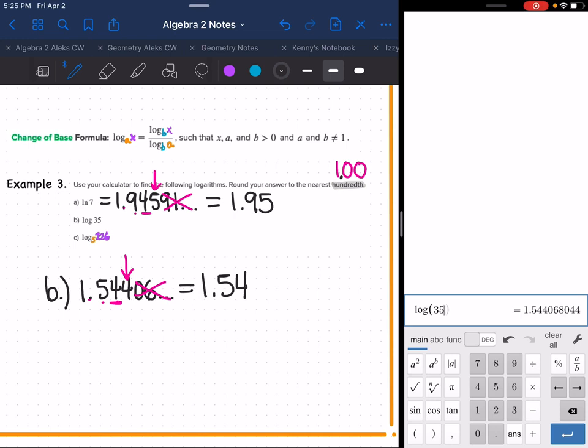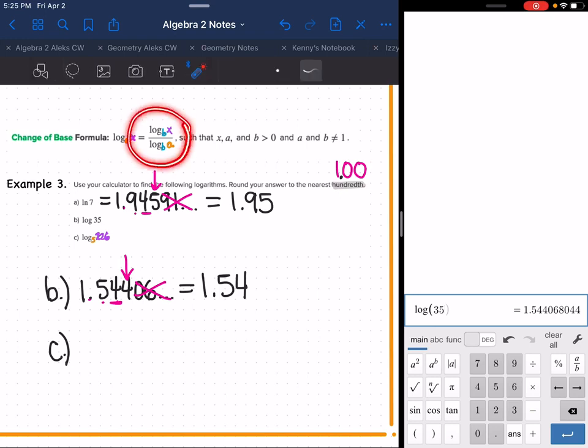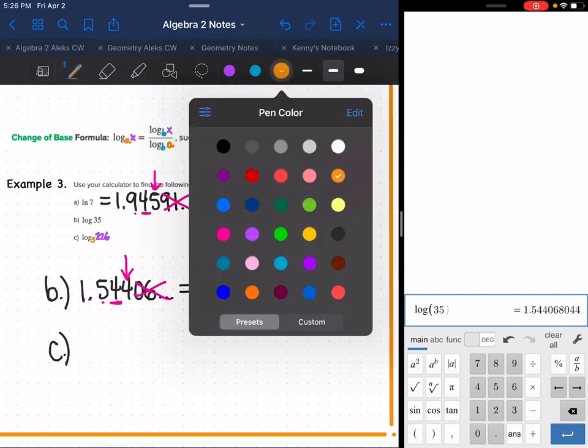Now, for the last one, I have to do a change of base. So what I'm going to do is make sure that I rearrange them to look like this. So I'm going to take this and I'm going to make it be this. The log base that I'm going to use is going to be base 10. Oh, shoot, you guys, sorry.